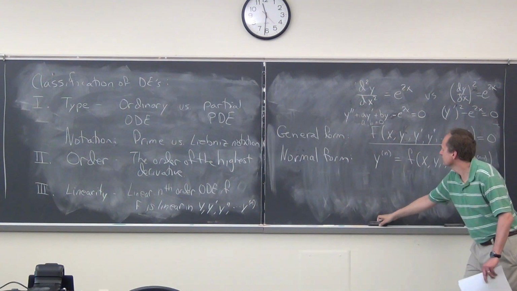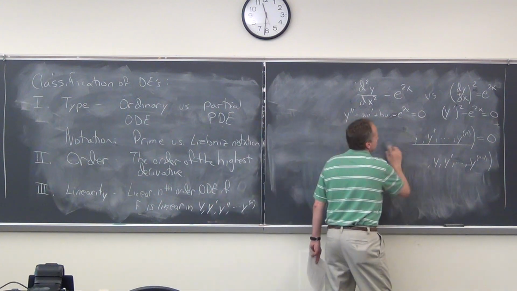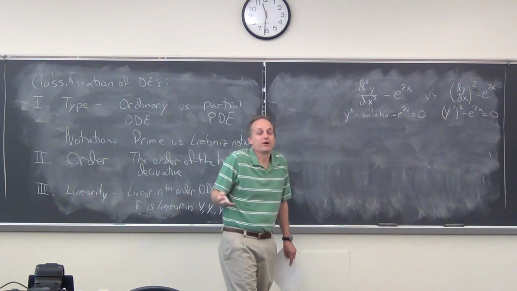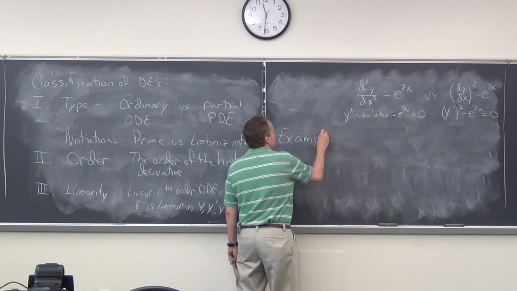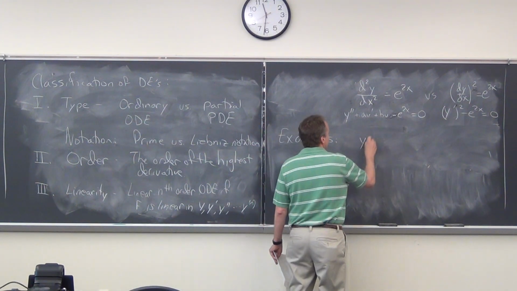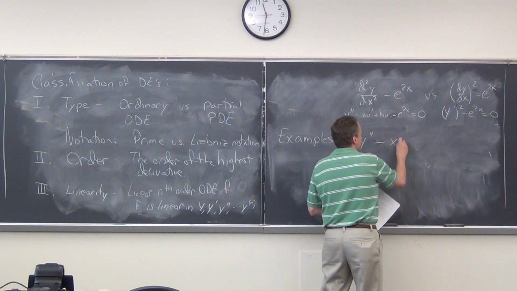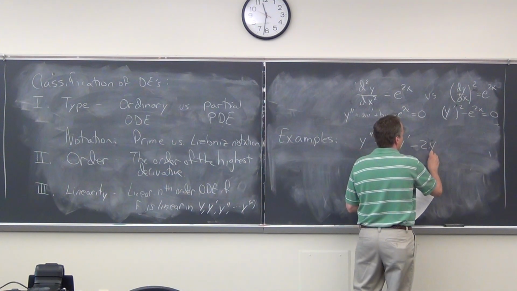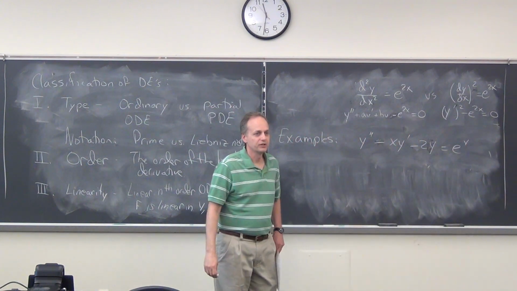Let me give you some additional examples. This one, however, is not linear. This is not linear in y prime because it's being squared. This one is linear.